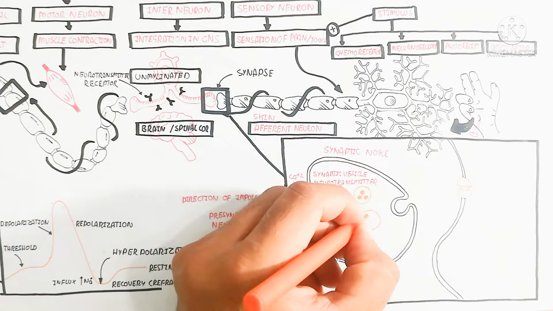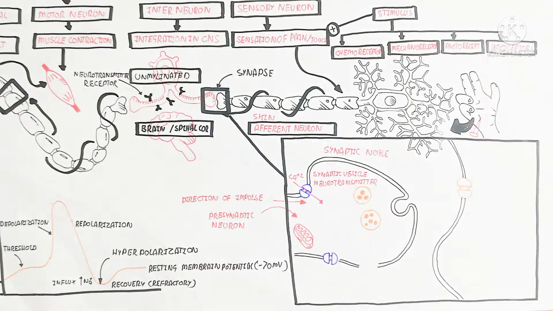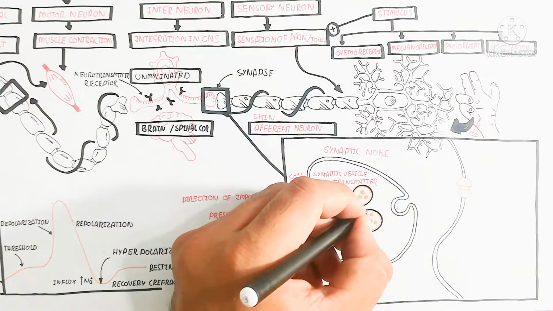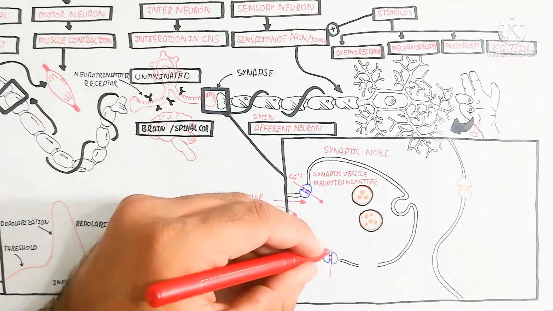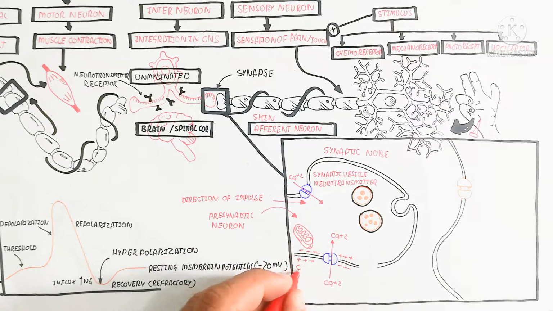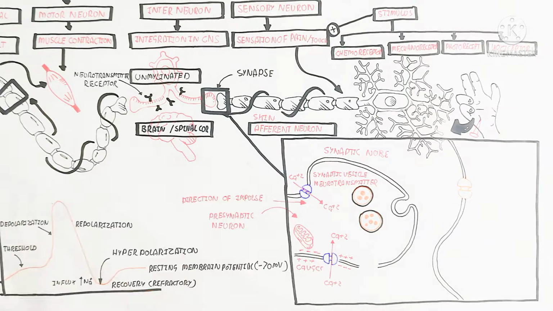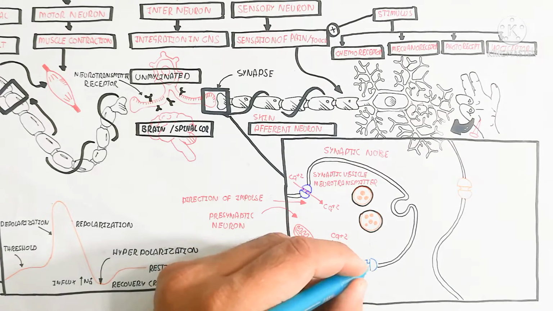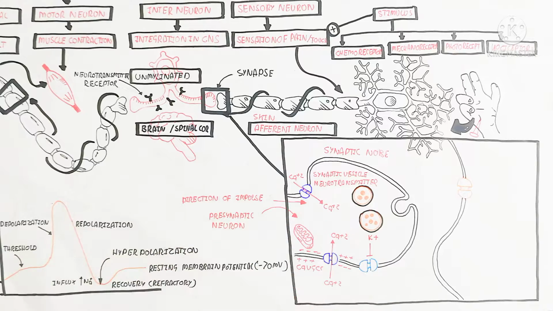When calcium moves inside, there is an influx of calcium in the presynaptic neuron. The mitochondria is also present, and it provides the ATP for synthesis of the acetylcholine neurotransmitter. An important neurotransmitter is acetylcholine, for example.